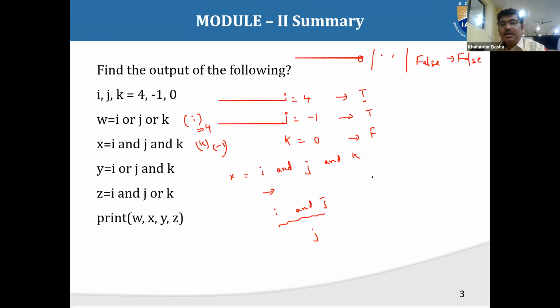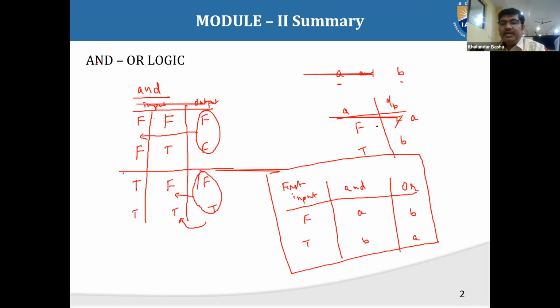Next, the total expression is I and with J and with K. What we got for I and with J is J. So now it is reduced to J and with K. What is the J value here? True. As J is true, when the first input is true, the output is the second input.